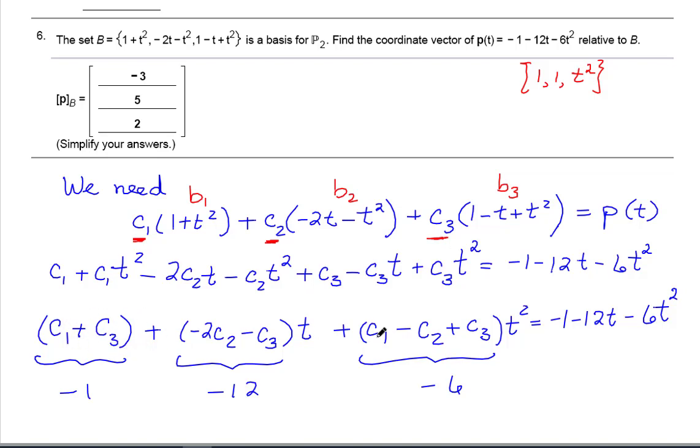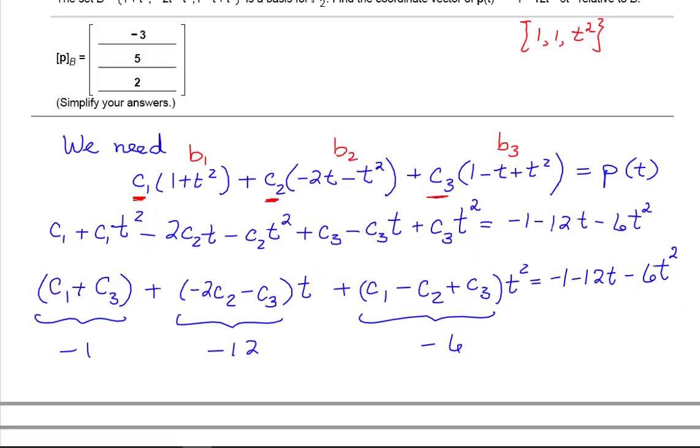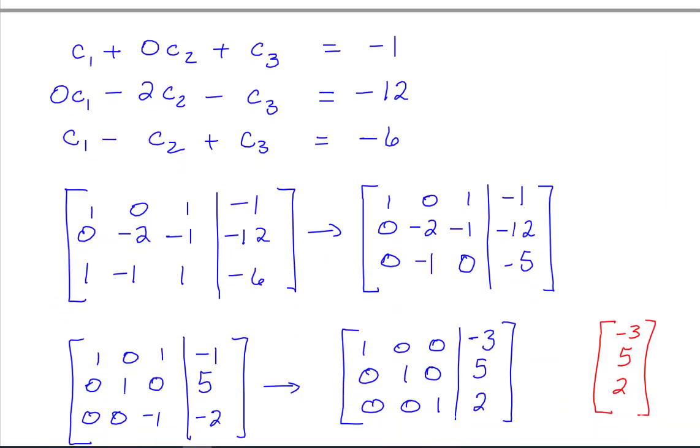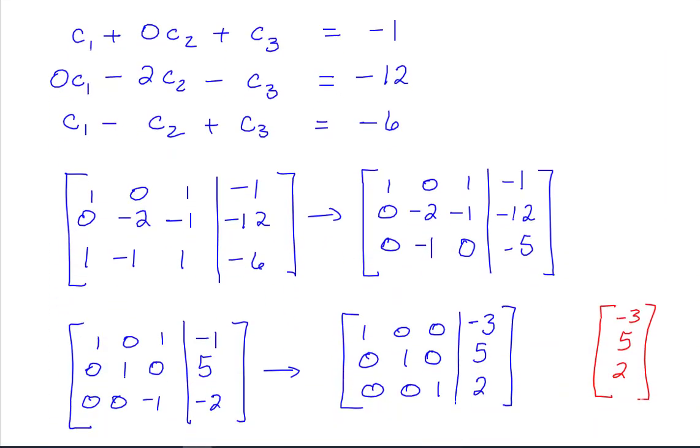I've got a constant which has to match up with minus 1. I've got this term which must match up with minus 12, and this term which matches up with minus 6. So that gives me a set of equations which I turn into a matrix to solve.